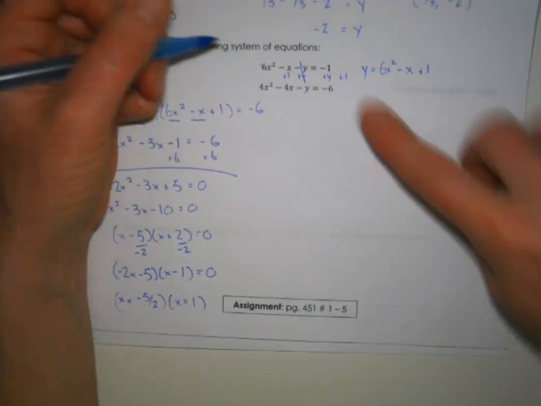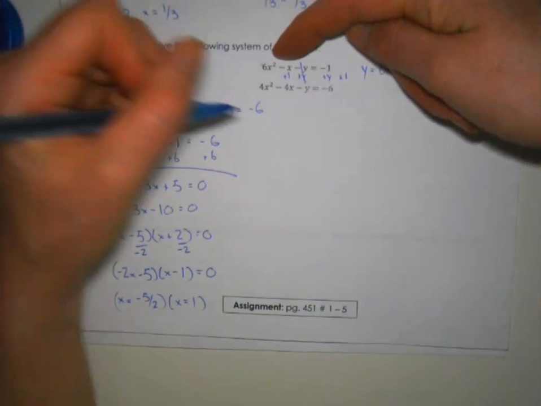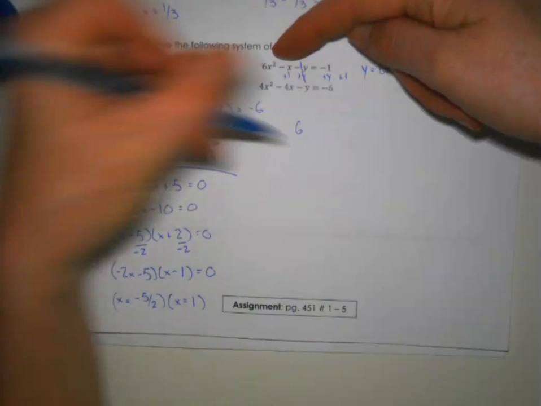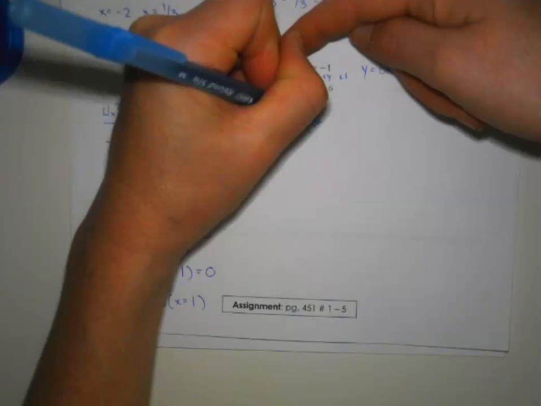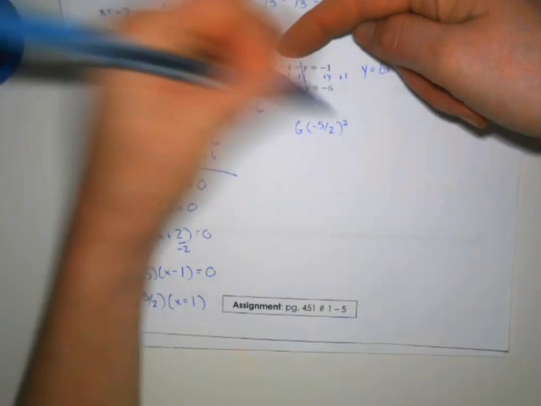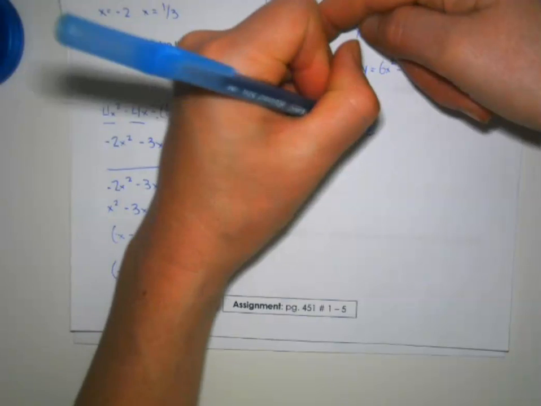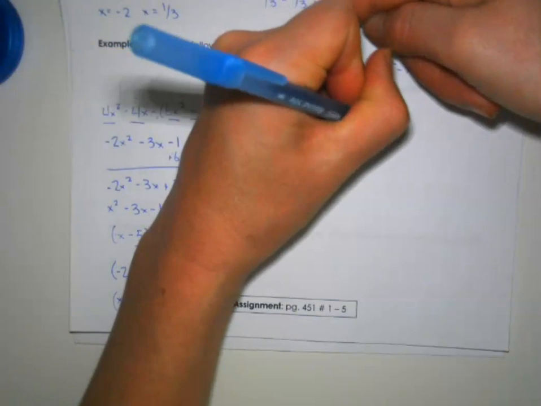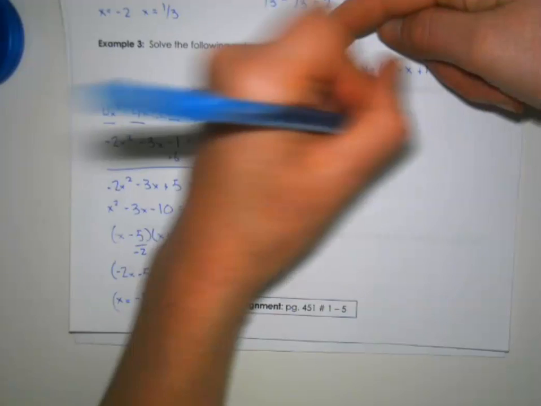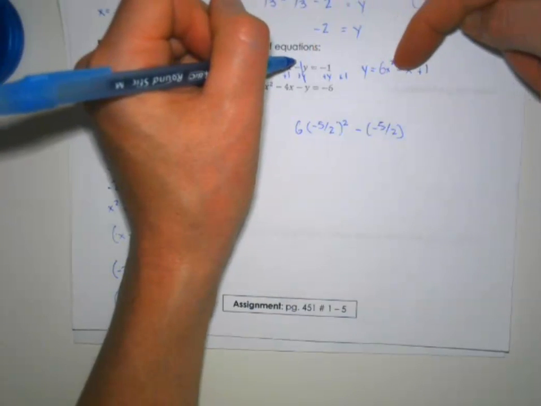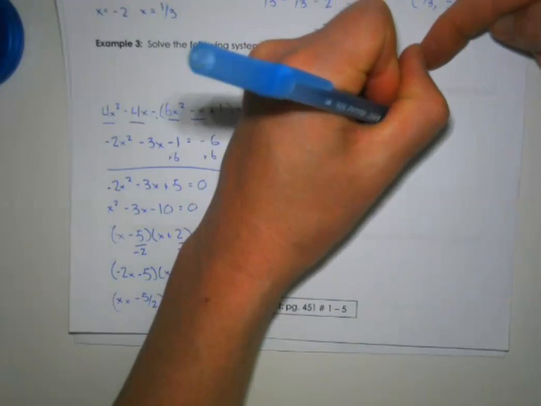So let's go 6x squared, so 6, let's do -5 over 2 squared minus -5 over 2 minus y. Oh, actually, I'm just going to use this one. 6x squared minus x plus 1 equals y.